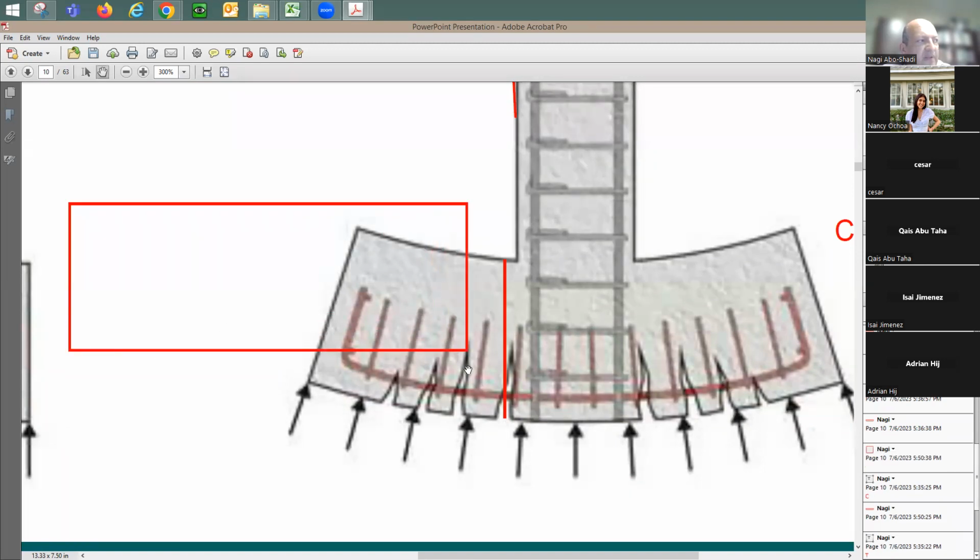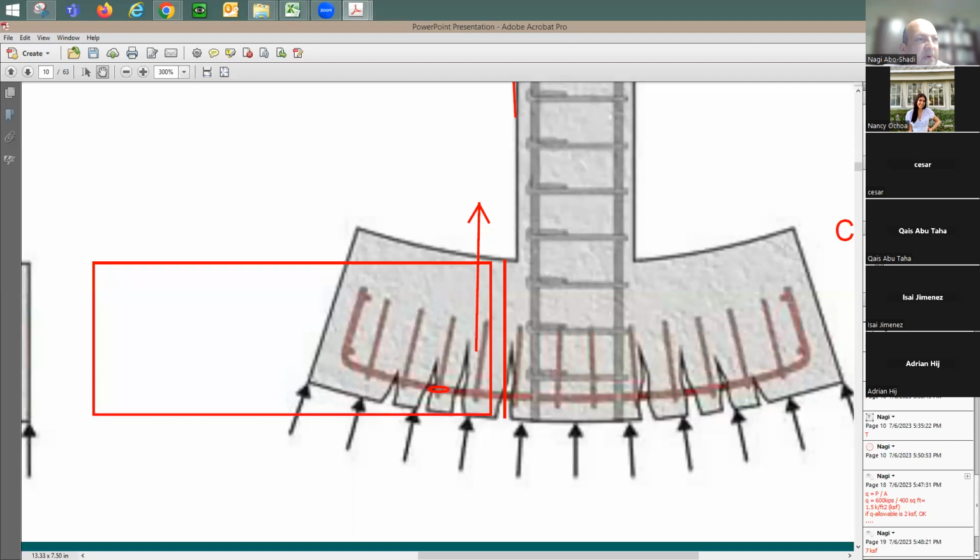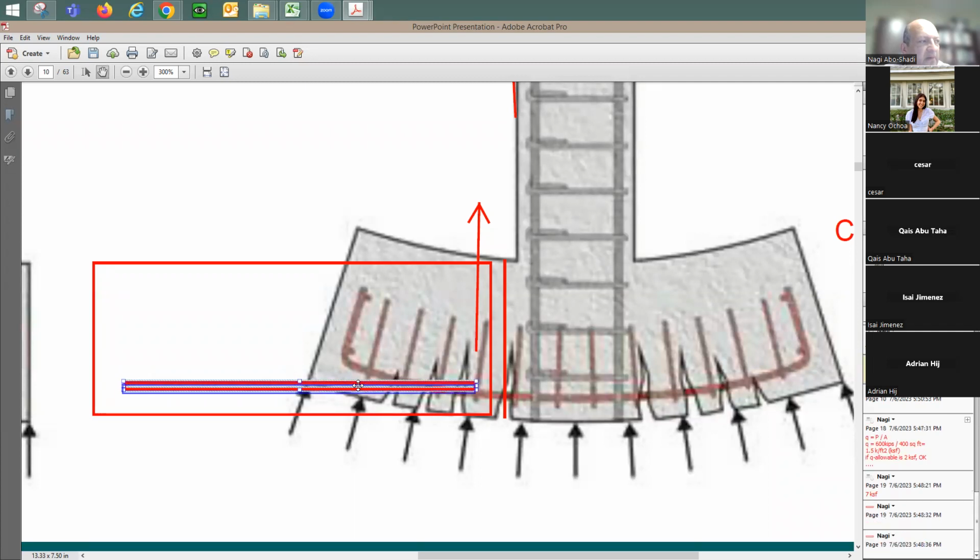Here's the footing width in the other direction. This gives the footing depth from here to there, which is the same as this one. Let me bring it down this way, right? And I have some reinforcing bars about here. So the reinforcing bars are going to be like this little box, right here.